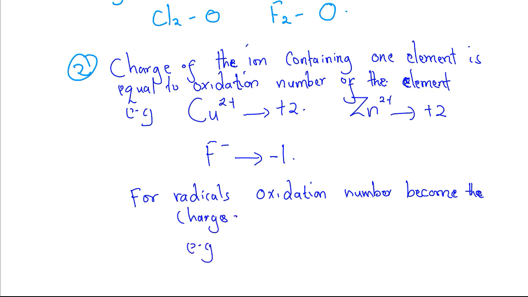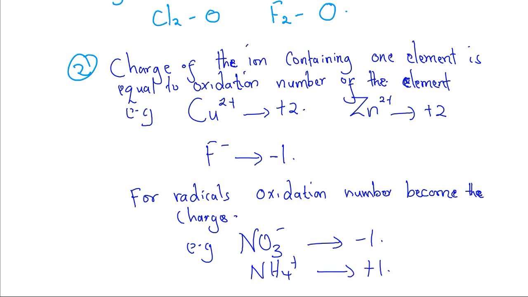E.g., nitrate ion, oxidation number is -1, ammonium ion oxidation number is +1. Carbonate oxidation number is -2.